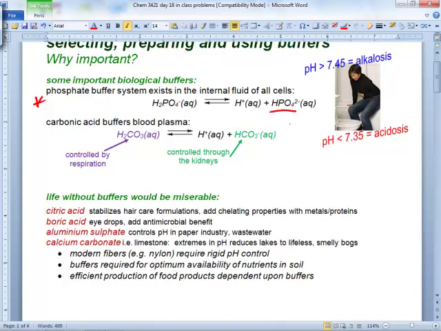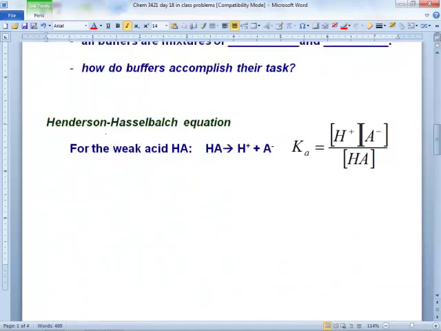He's going to be the base because he's reacting with the H+. He's my conjugate base. He's my conjugate acid. Now, the reason I'm pointing this one out is, do you have to have things be neutral? No, right? So that leads you to this question.